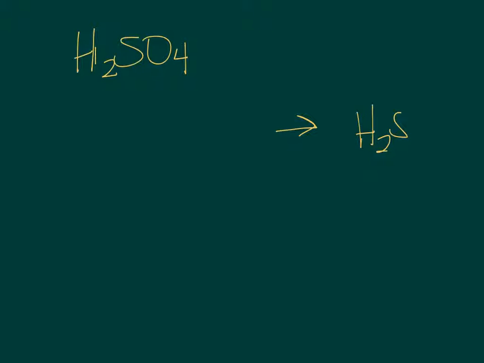So if I was to say, write the formula for the formation of H2SO4, I would know that formation ends with H2SO4. So what does it need to start with?